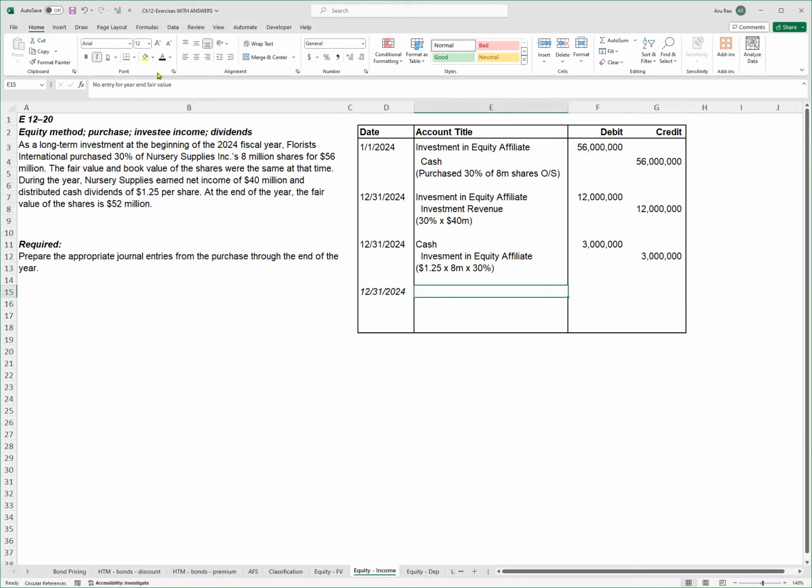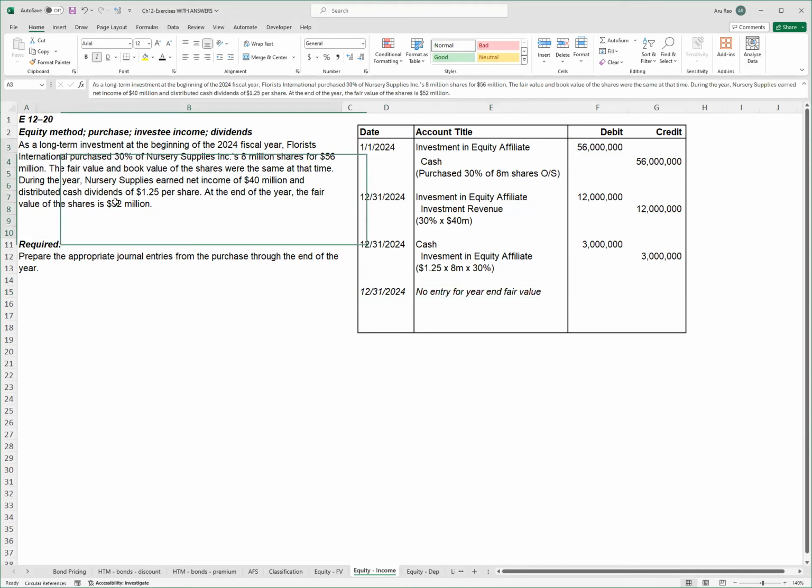So at this point of time, I'm going to say no entry for year-end fair value adjustments unless this downward slide is not temporary, which means I have an impairment. In that case, I have to take a loss. But unless they mention that this loss is not going to be recovered, I don't have to do any journal entry in the equity method.